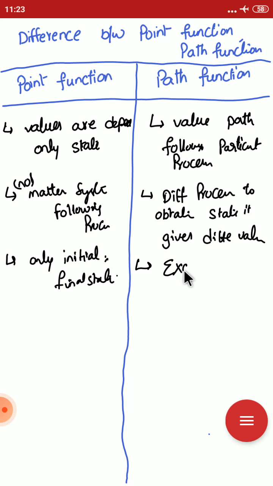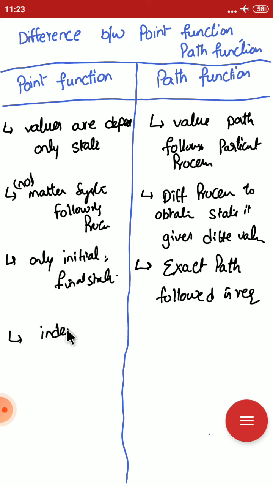Because it is a point function, it is independent of the path followed by the system.